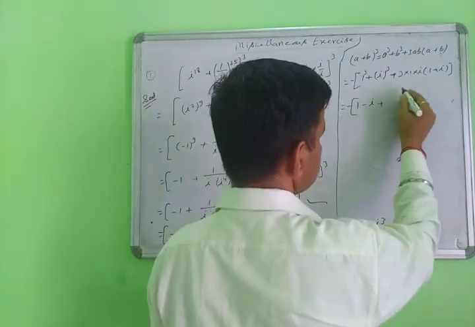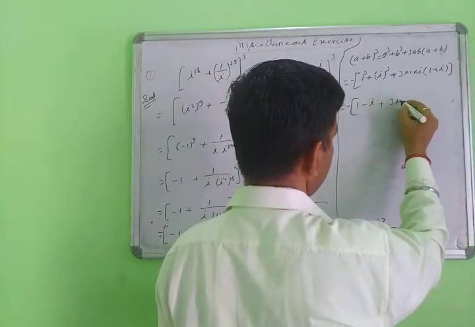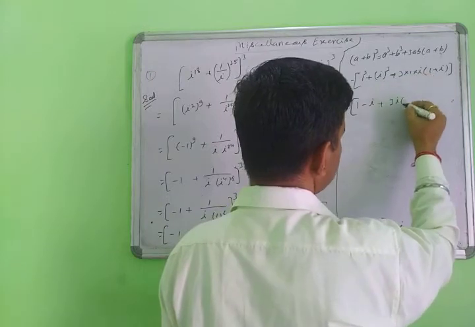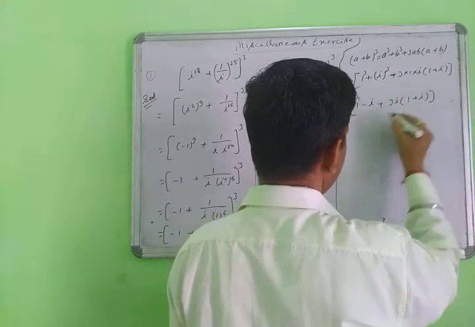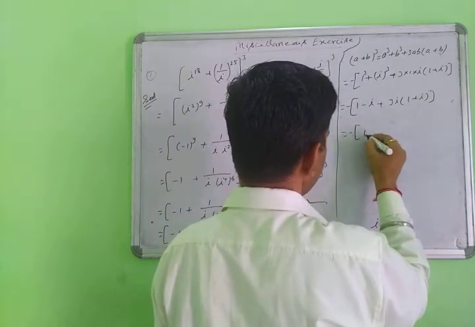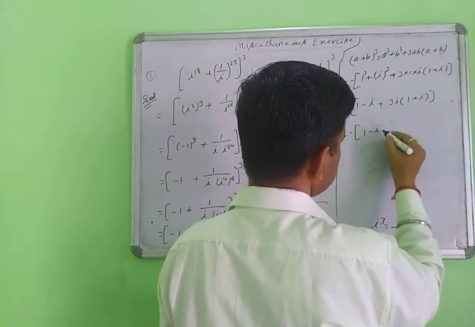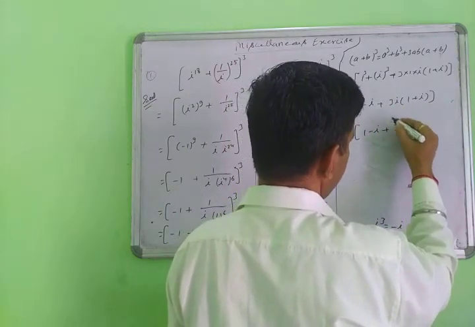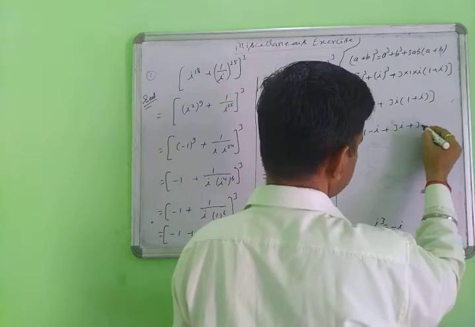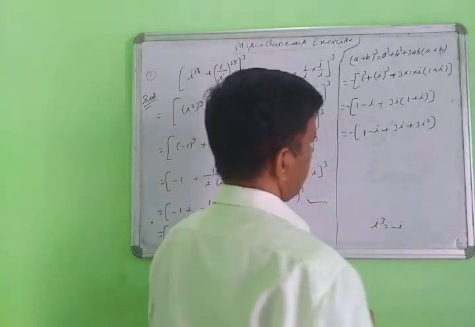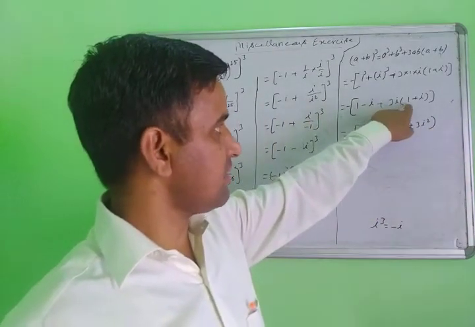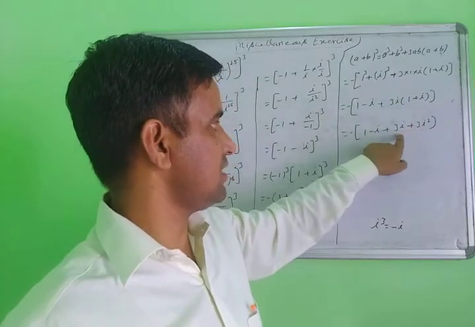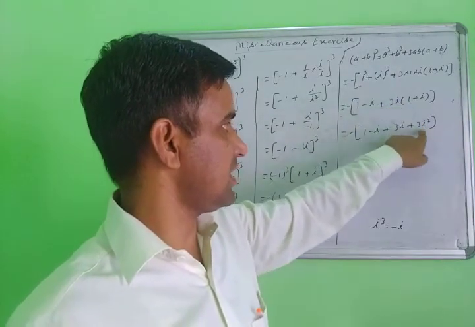Then plus 3 iota into 1 plus iota. The minus sign outside gives 1 minus iota, then multiply inside: plus 3 iota and plus 3 iota square. 3 iota times 1 is 3 iota, and 3 iota times iota is 3 iota square.